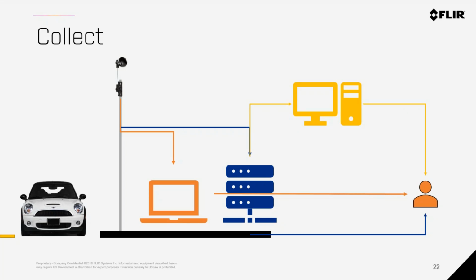three different ways. Either your device is collecting and storing the information on the device itself, and depending on the height and the number of lanes and the traffic, you can keep that data for a period of time on that device. Then you can connect your laptop to it and download it.